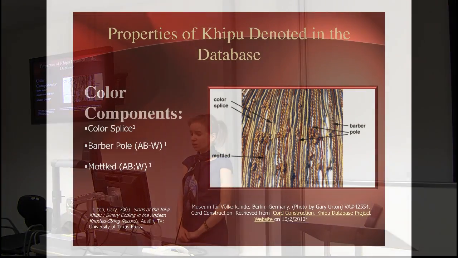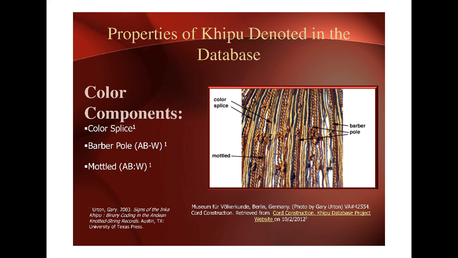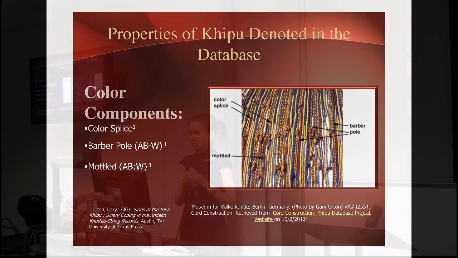So these are the different colors. There are two types of coloration of a cord. The color of a cord could be just one straight color, or it could be spliced into two. It could be barber pole, so it looks like a barber pole. And mottled is when initially during the spin and the ply, the textile was mixed up into different colors.